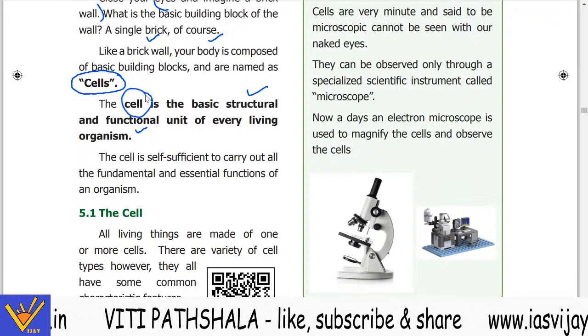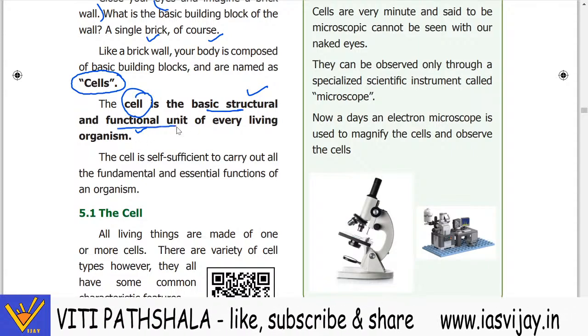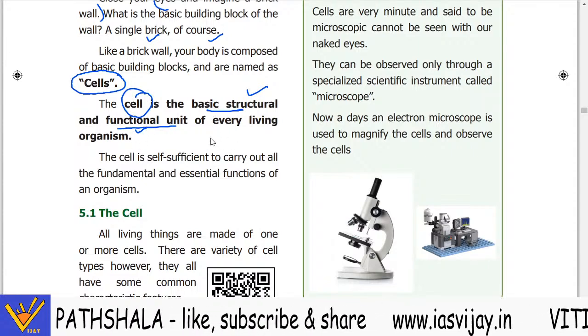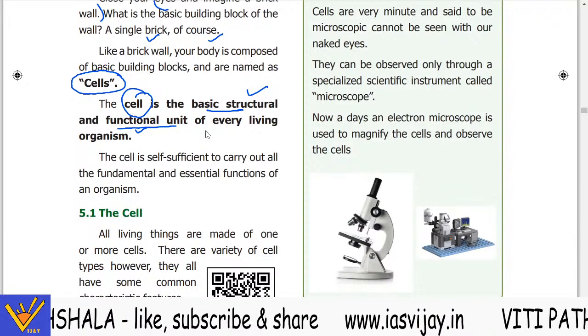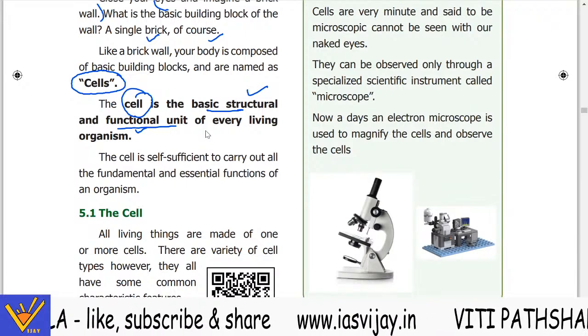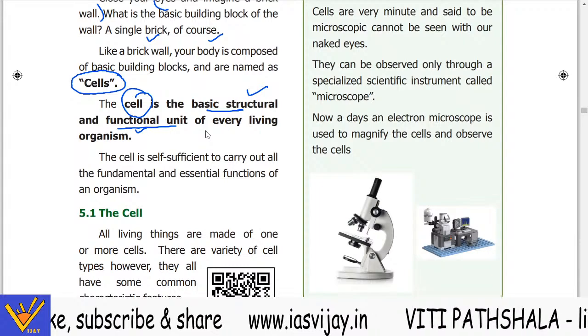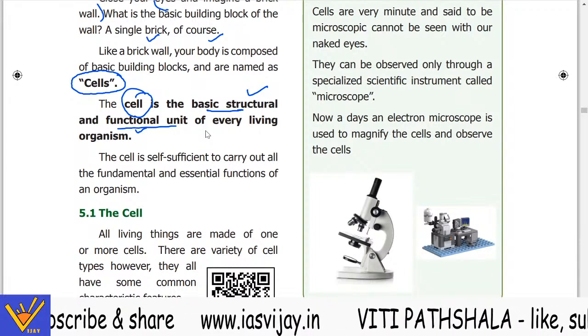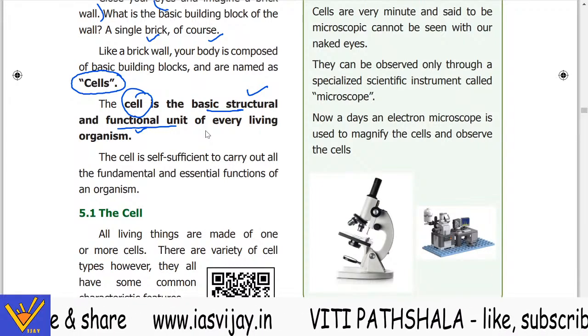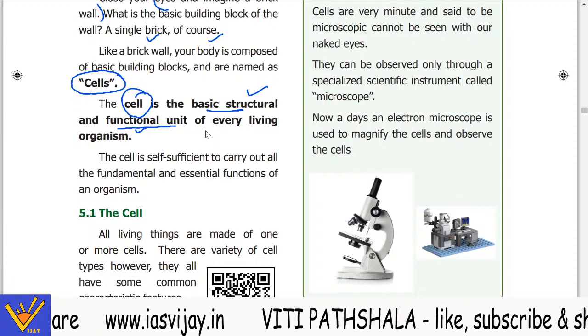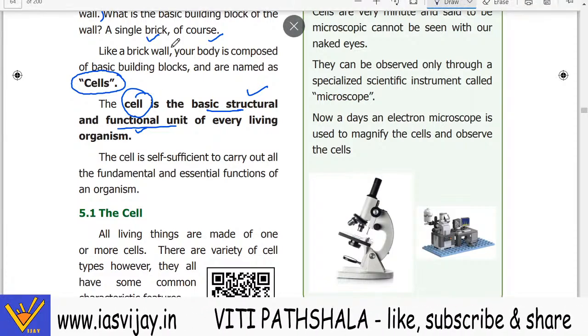Now this cell is the basic structural and the functional unit of every living organism. This cell is self-sufficient to carry out all fundamental and essential functions of an organism. So first we will start with the cell.